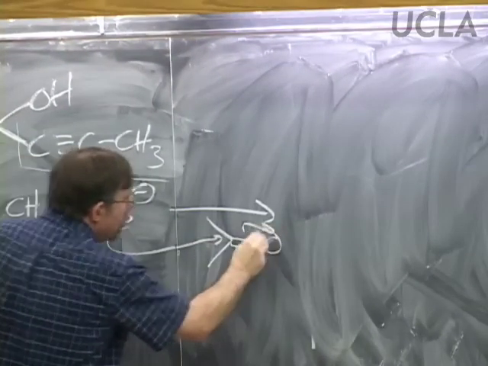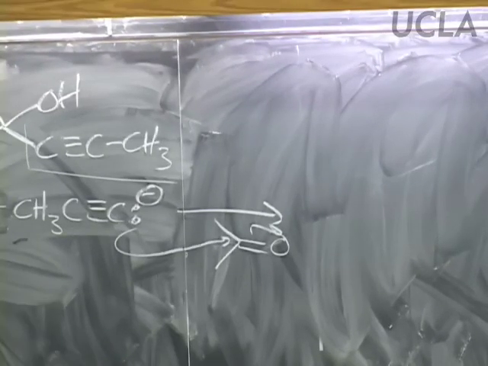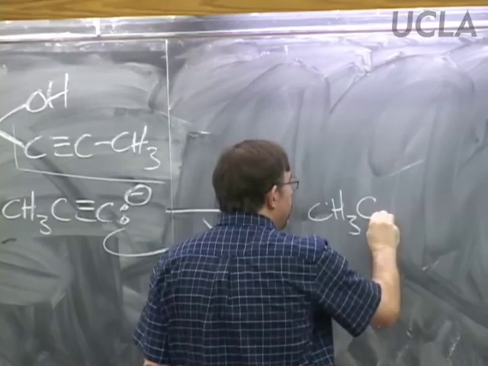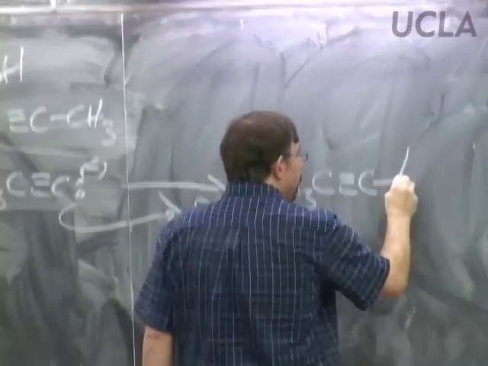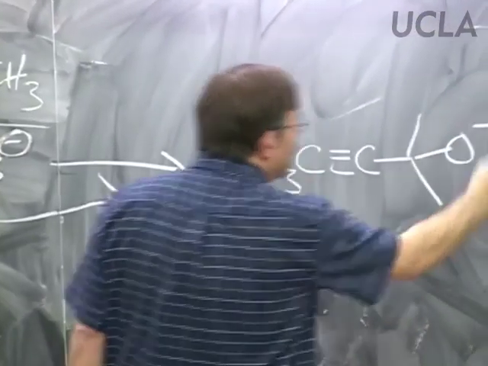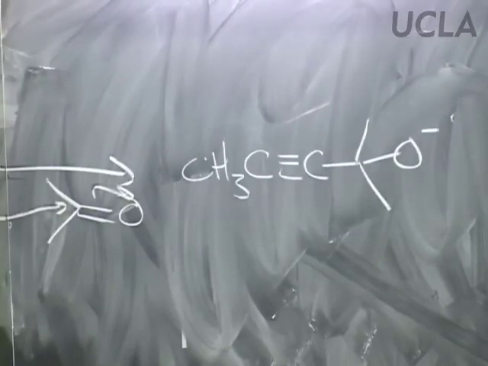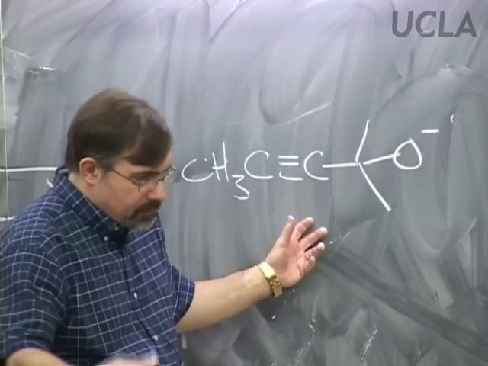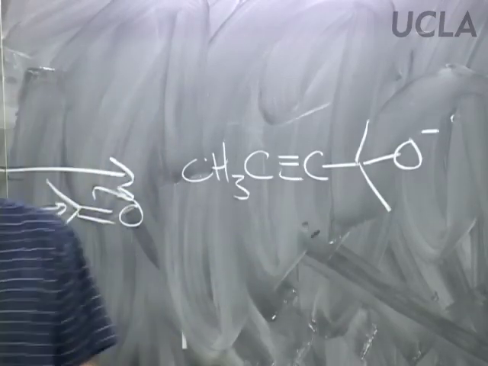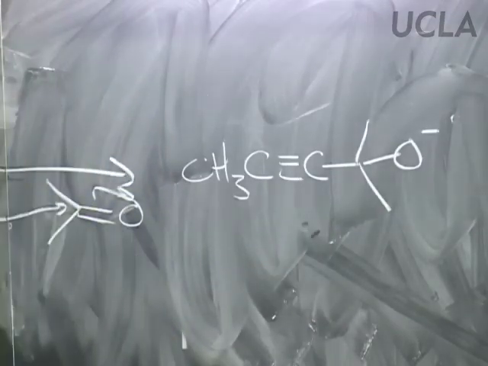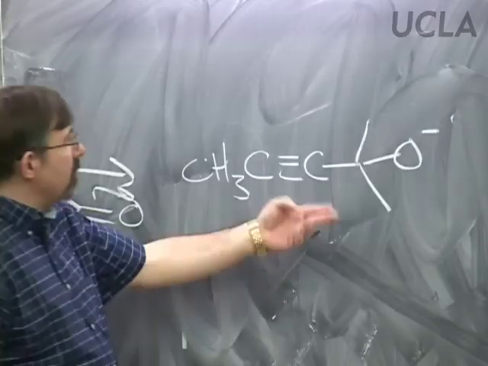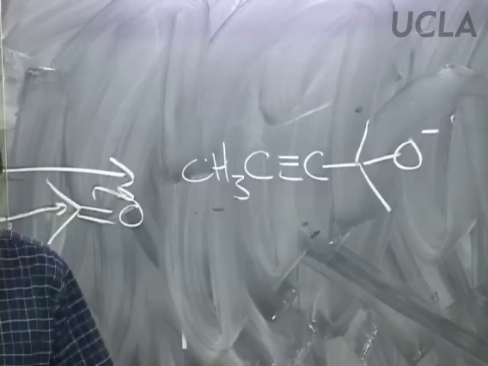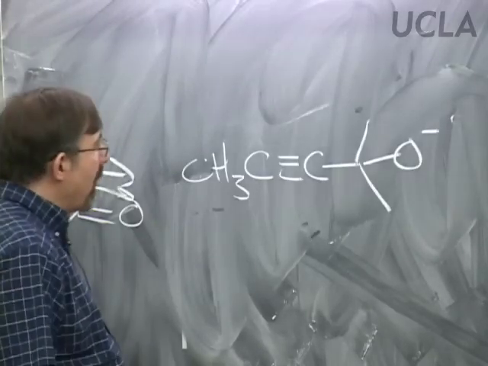Nucleophilic attack on the carbonyl, just like we've seen happen so many other times. Which gives us a tetrahedral intermediate with a negative charge on the oxygen, which will try to eject a leaving group. Methyl groups, no. Alkyne anion turns out not a leaving group. So nothing to go backward, no leaving group here.